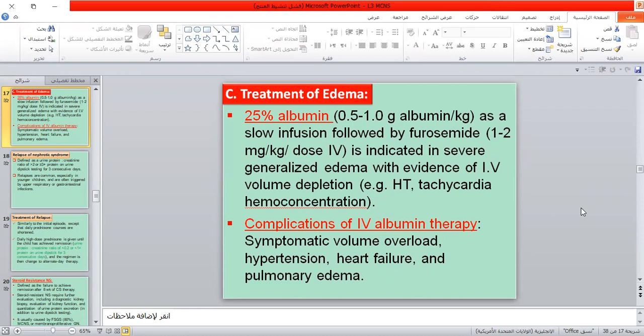So if the patient does not respond to furosemide alone, we give albumin as a slow infusion followed by furosemide.